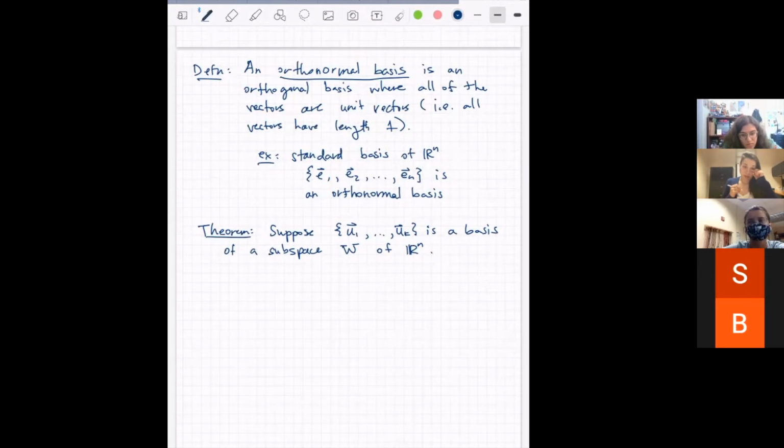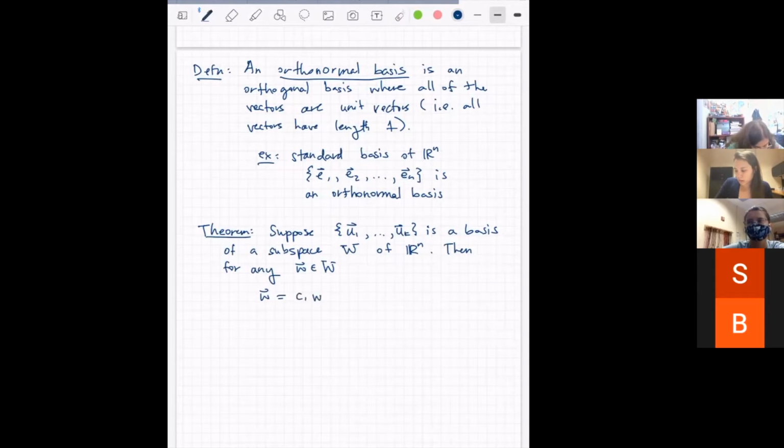Then for any vector W in the subspace, we can write out its expression in terms of the basis vectors. W is a linear combination of the basis vectors, because it's in the subspace, but we have a special expression for this.